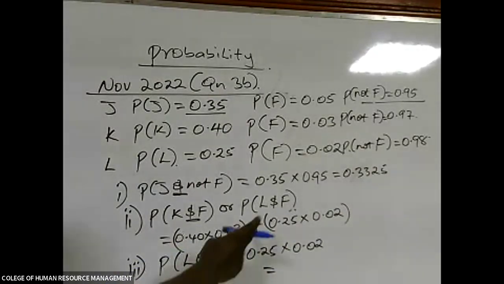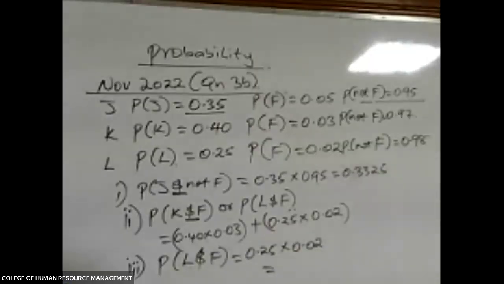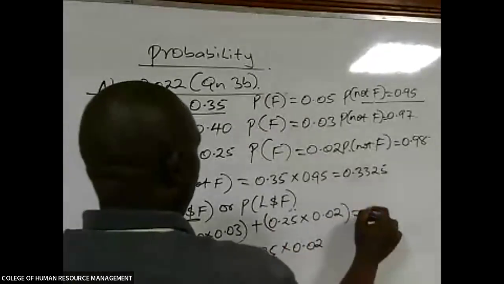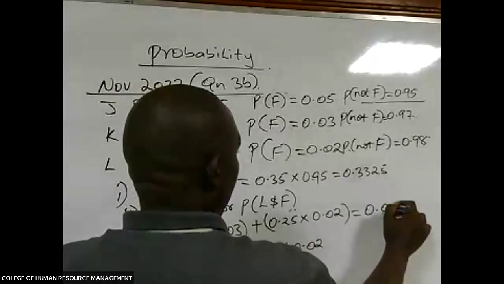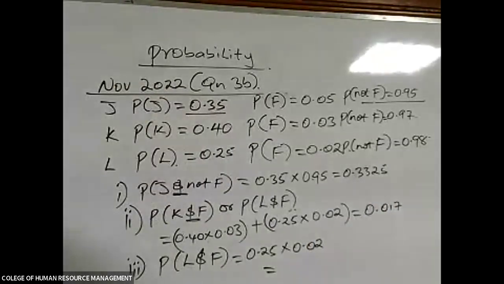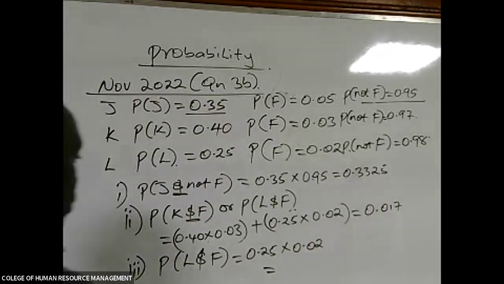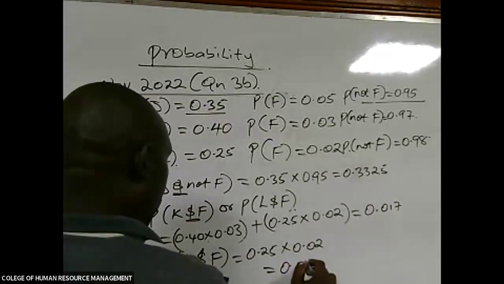You close the bracket, then you say plus, open the bracket, 0.25 times the other probability, and you get 0.017. This one is going to be 0.005.